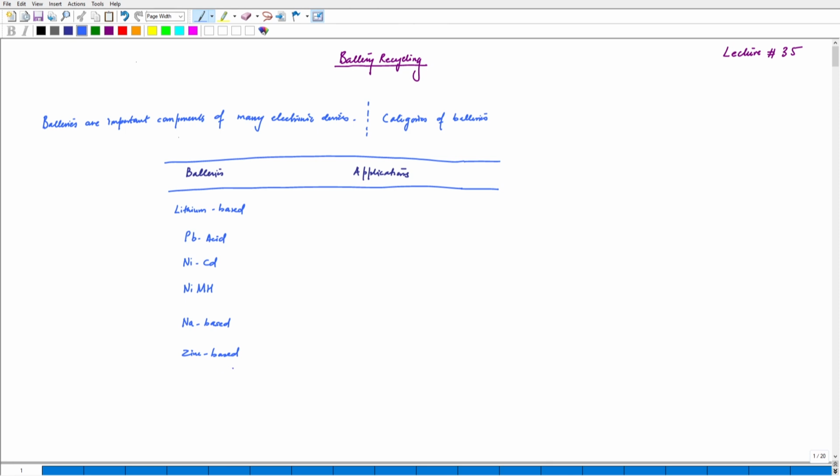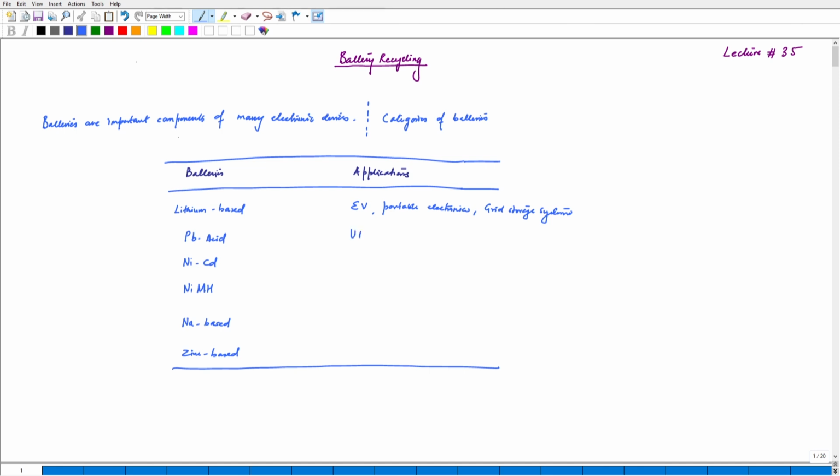So we have zinc alkaline and so on and so forth. Mostly EVs have lithium based batteries. Portable electronics, grid storage systems, and so on and so forth.